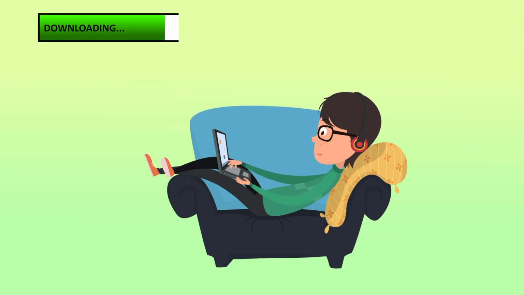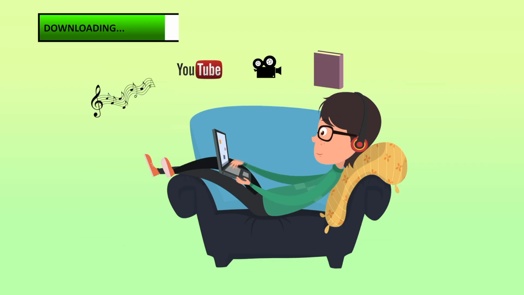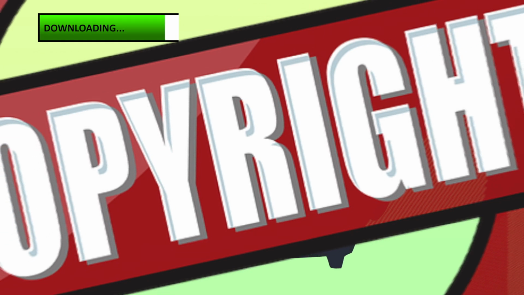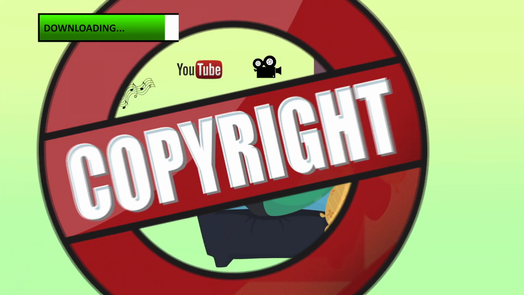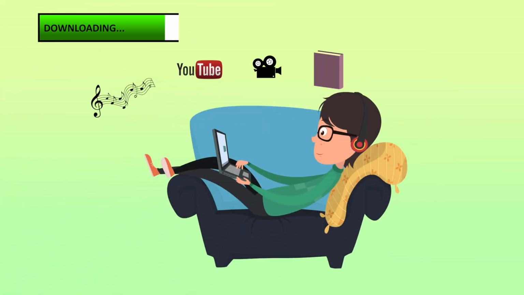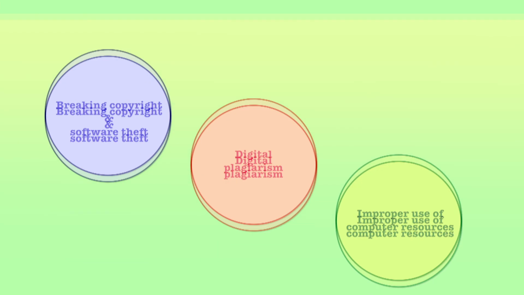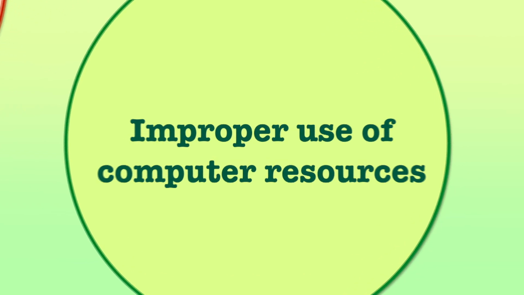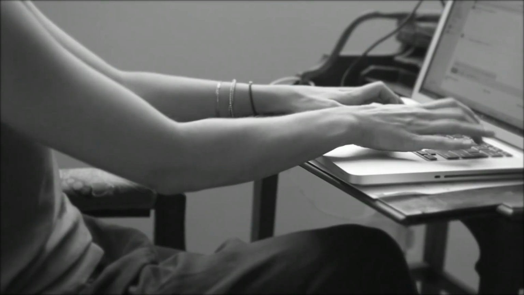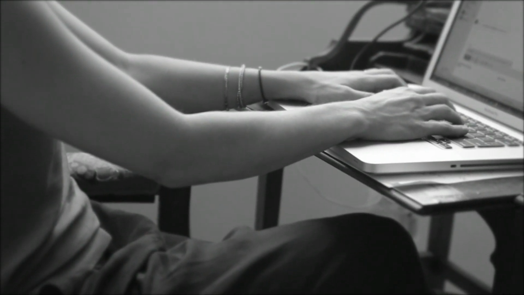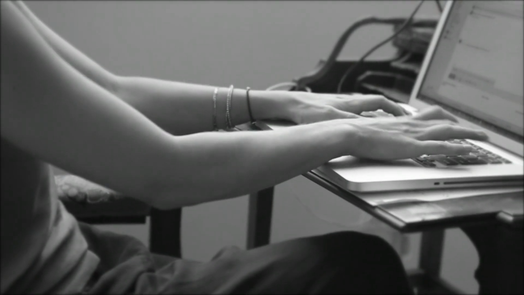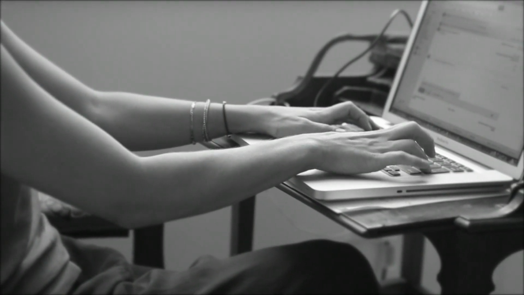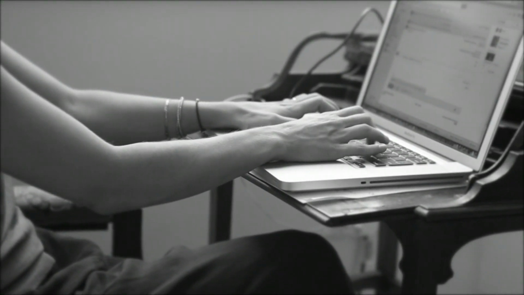And this attitude of students seems to match developments in the current information age, in which the internet increasingly functions as the most important information medium that people use. The third unethical act is improper use of computer resources. Students and staff may have authorized access to computer resources but then go on to use these resources improperly.